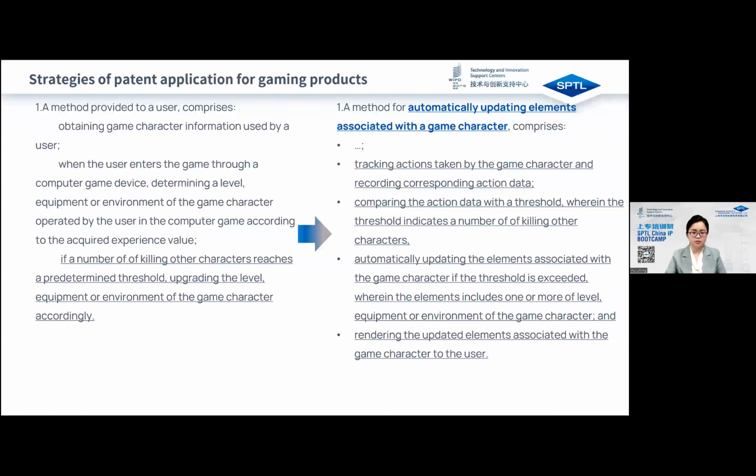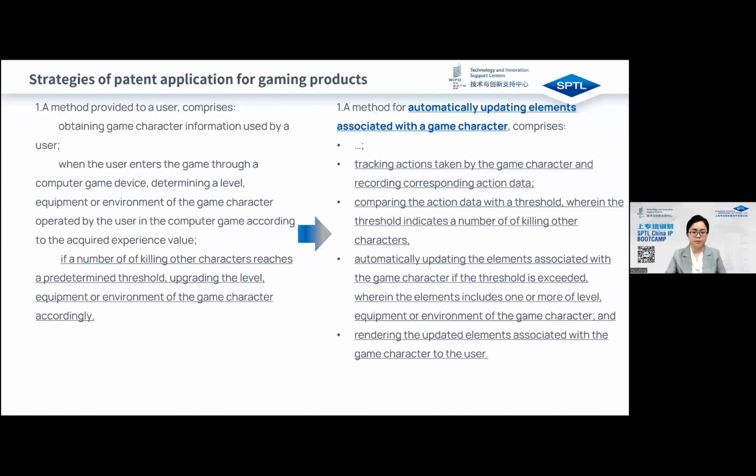The amended solution can track the user's actions and compare the stored action data with predetermined data so as to automatically update the level and equipment of the game characters and then directly run them to the user.